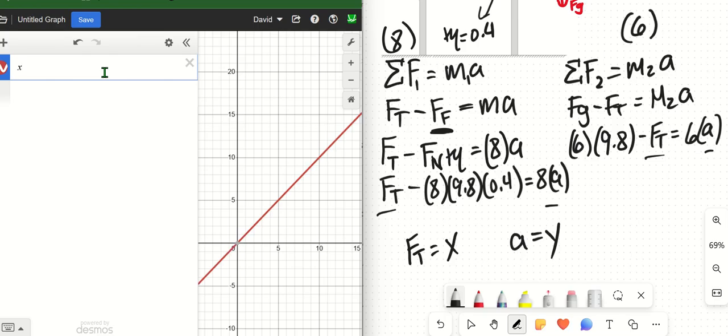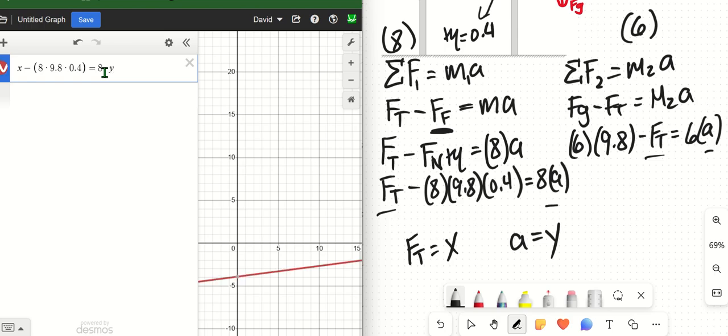We're calling that X, so X minus 8 times 9.8 times 0.4 is equal to 8 times, and then we're calling our acceleration Y.